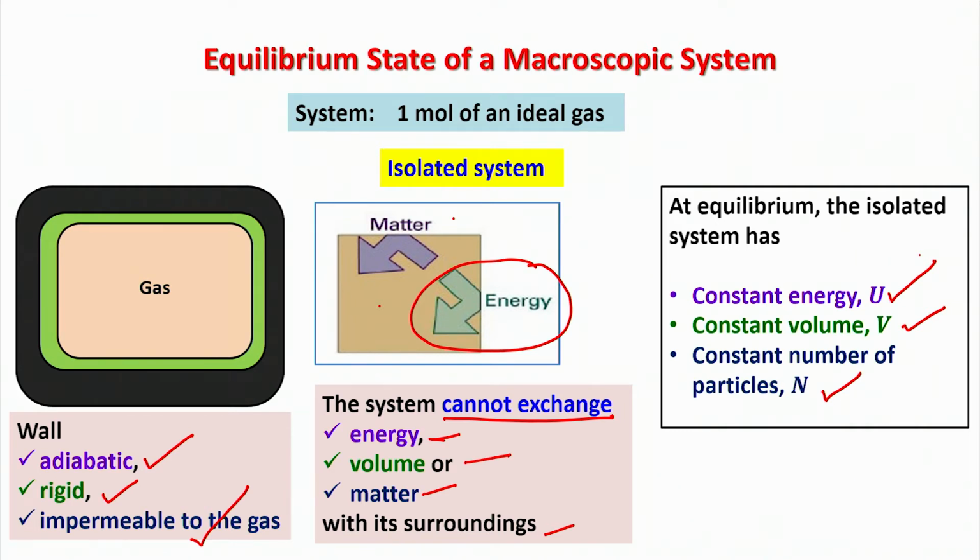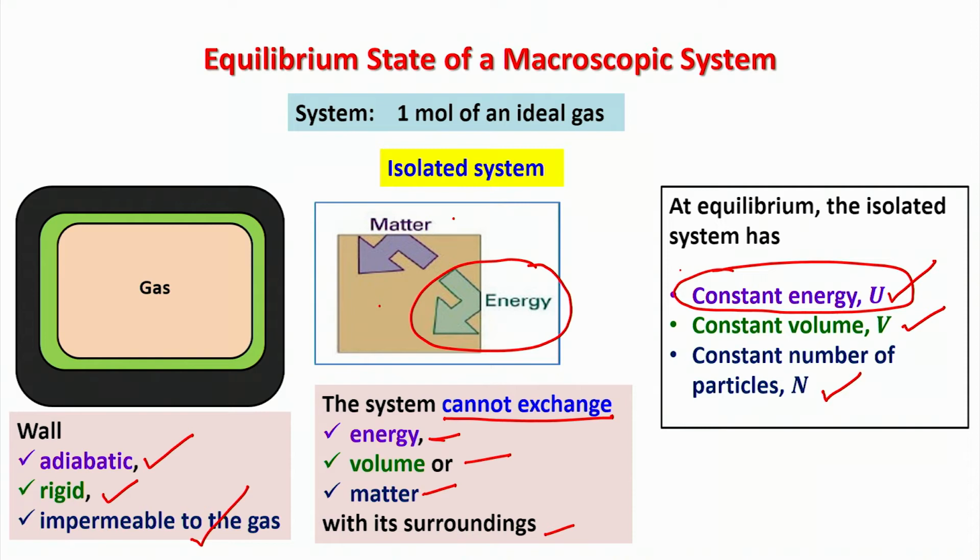This is the basic concept that was introduced by the first law of thermodynamics. It said that in an isolated system, the system is not interacting with the surrounding. Therefore, its net energy content is going to be independent of time.